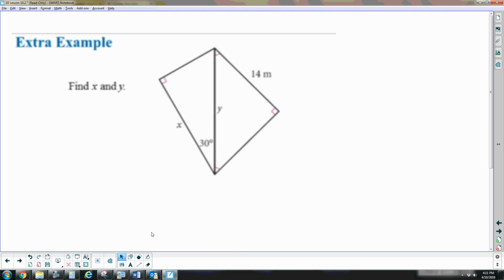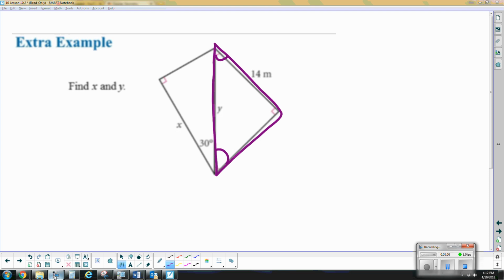So in this example here, we have a 45, 45, 90 degree triangle. So let's look at that one first. The question is to solve for x and y.